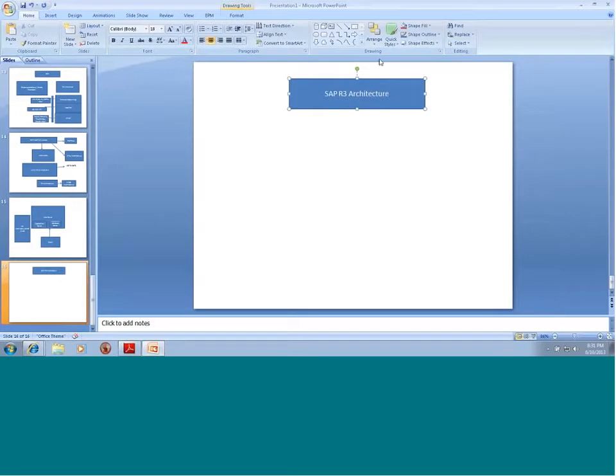So in the SAP R3 architecture, we removed the concept of the main server. So we have different clients. A client could be a browser, like Internet Explorer, or it could be an SAP GUI, GUI standing for graphical user interface.